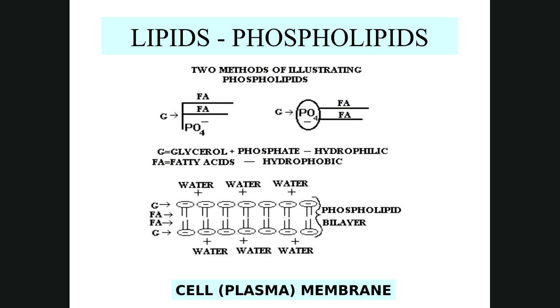Interestingly, remember when we talked about the properties of water, we said it holds your cells together. This is why it does that. If water didn't have a positive side, the phospholipids wouldn't arrange themselves in that way, and we wouldn't have any cell membranes. If we don't have any cell membranes, we sure wouldn't have any cells, and there wouldn't be any life on the earth at all. So that is a phospholipid.